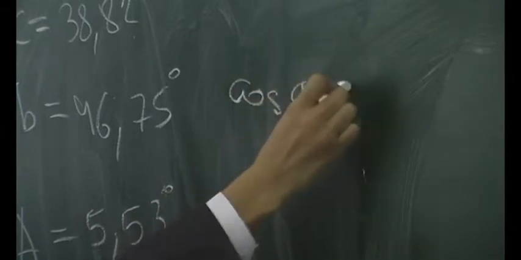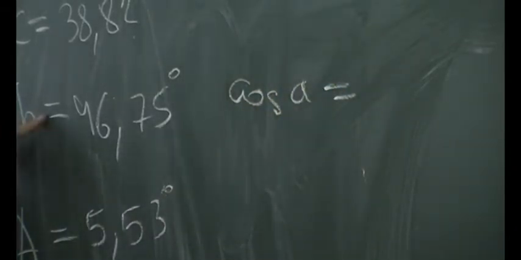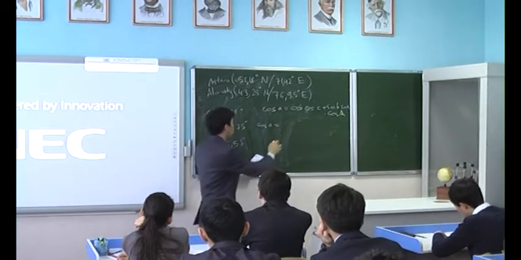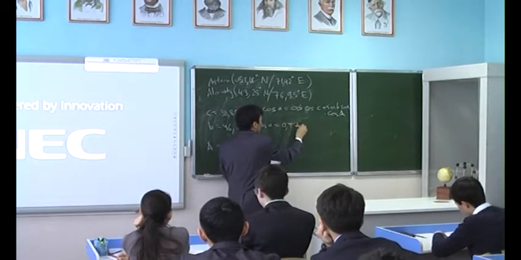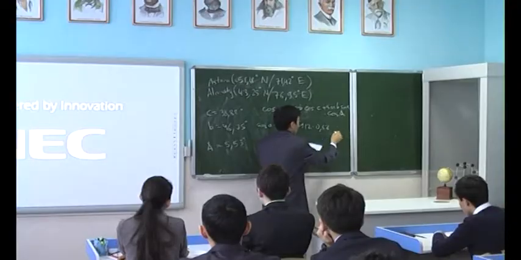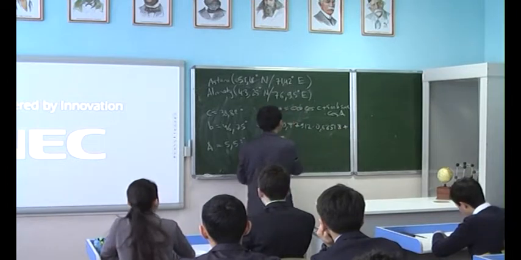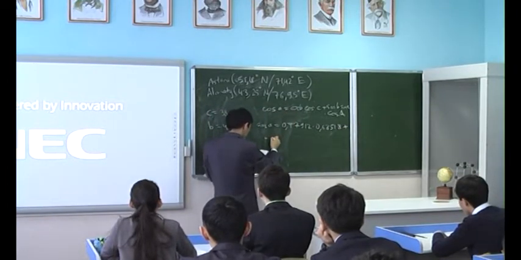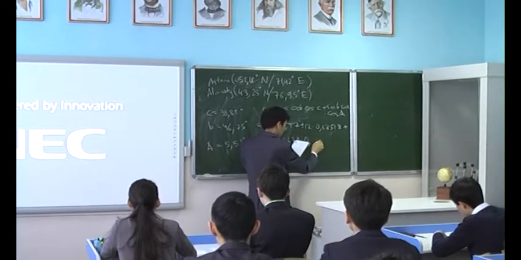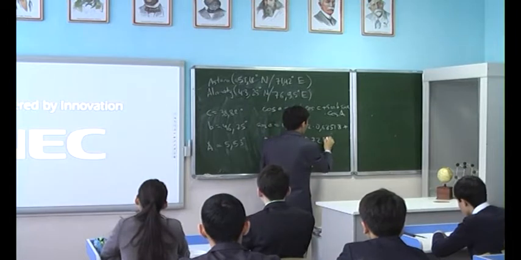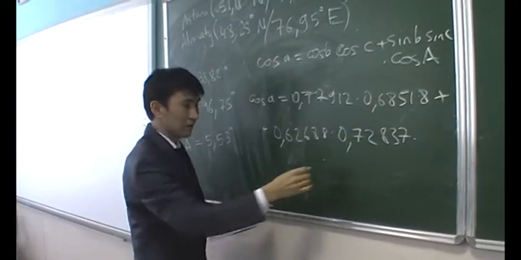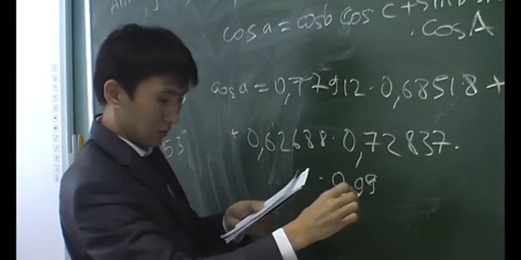We will have this one. The cosine of A is equal to cosine of B, which is 46.75, so cosine of this one is going to be 0.77912 times 0.868518, plus then sine will be 0.62688 times 0.7272837 times the last, the cosine of A, which is 0.99535.